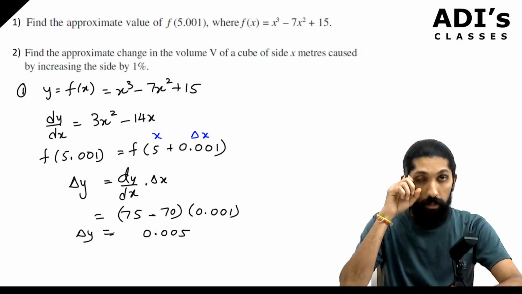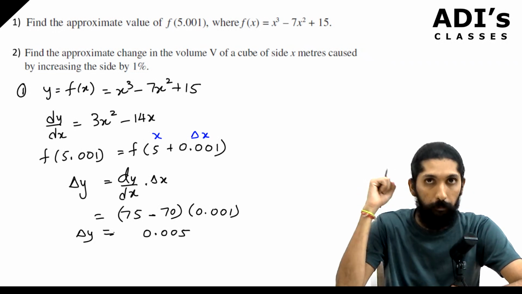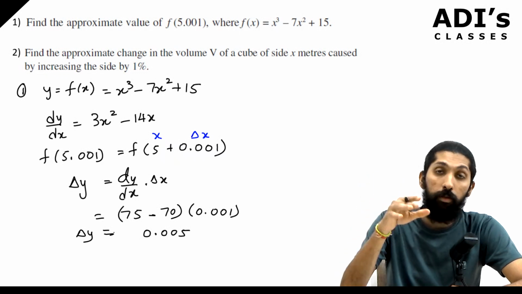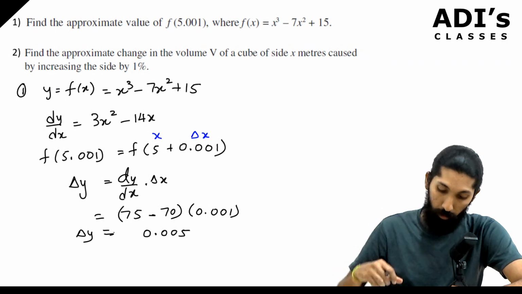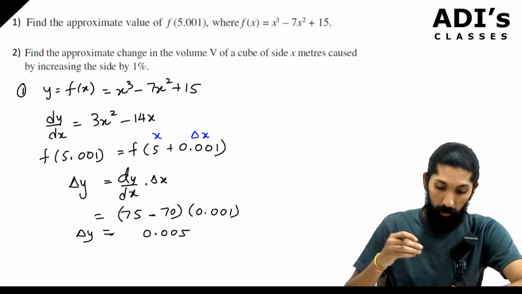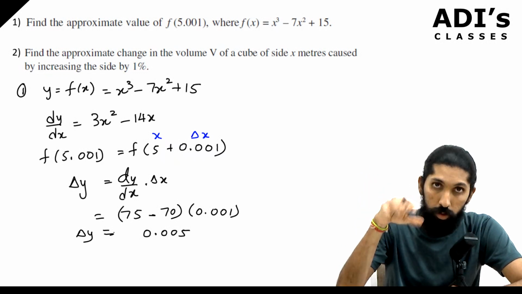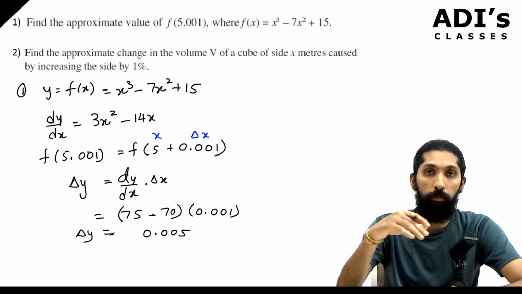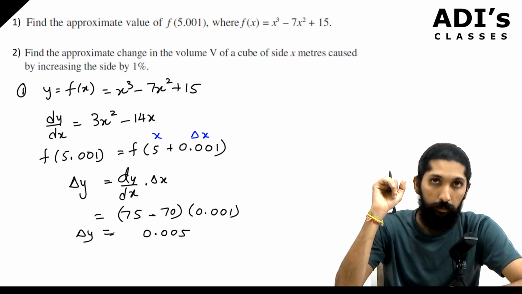Now what we need is y plus delta y, because that's going to give us the approximated value, right? So y plus delta y is nothing but x cube minus 7x square plus 15. There also we are going to substitute the value of x as 5, because you need the value of y, isn't it?